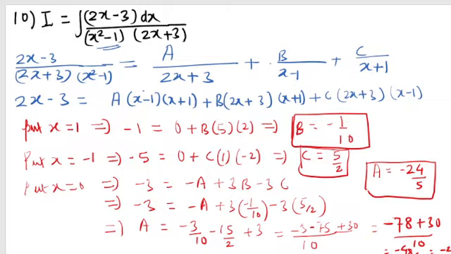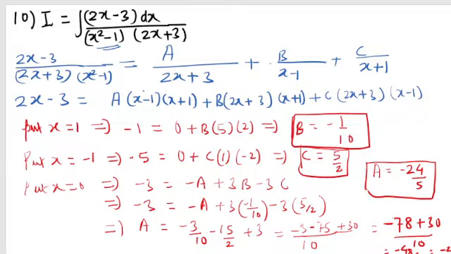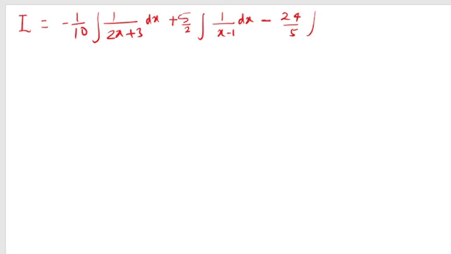B is equal to plus 5 by 2, and then the integral of 1 upon x minus 1, that is 5 by 2 divided by x minus 1 into dx, plus, oh sorry, minus 24 by 5 integral, it is x plus 1, here it will become 1 upon x plus 1 into dx.